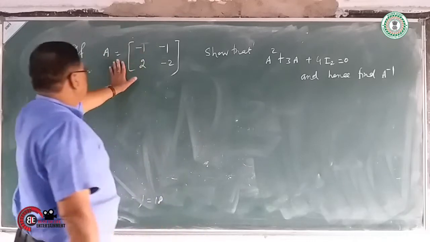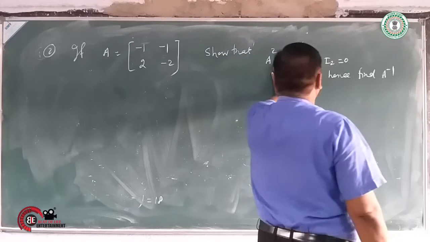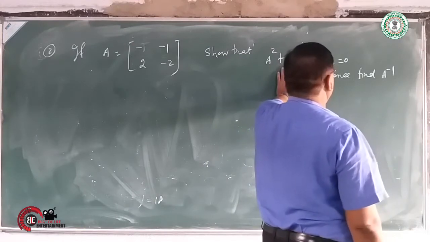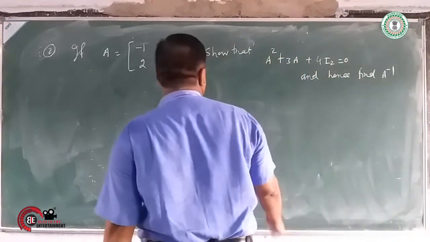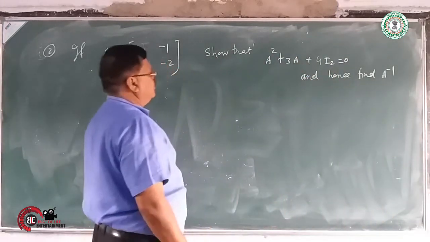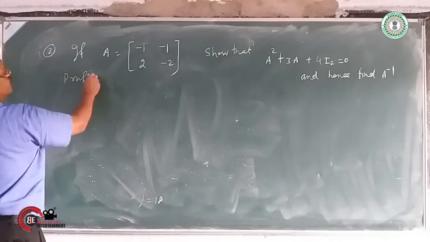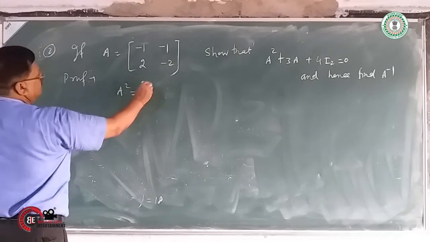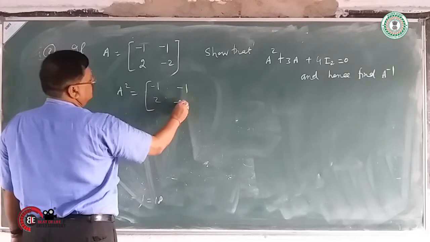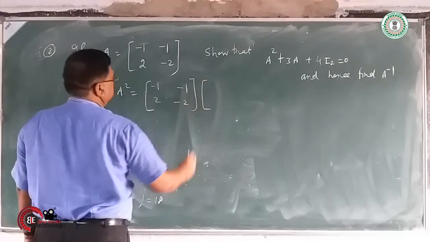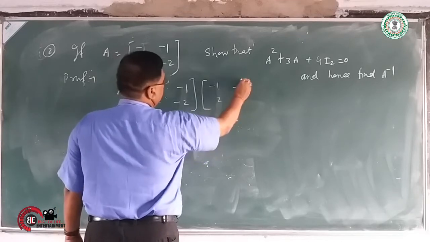If A is a square matrix of order 2 so that A square plus 3A plus 4I2 is equal to 0, and hence find A inverse. So first of all we will show this, then we proceed for that. For the proof, we find A square, A into A, [-1 1; 2 -2] times [-1 1; 2 -2].